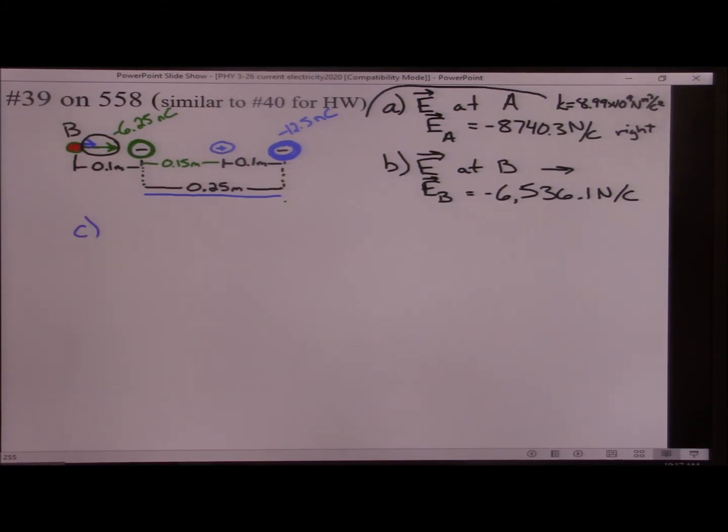So for part C, force on a proton placed at point A. What do we know? Well, we actually already know that the total electric field at point A is going to be negative 8,740.3 newtons per coulomb to the right.